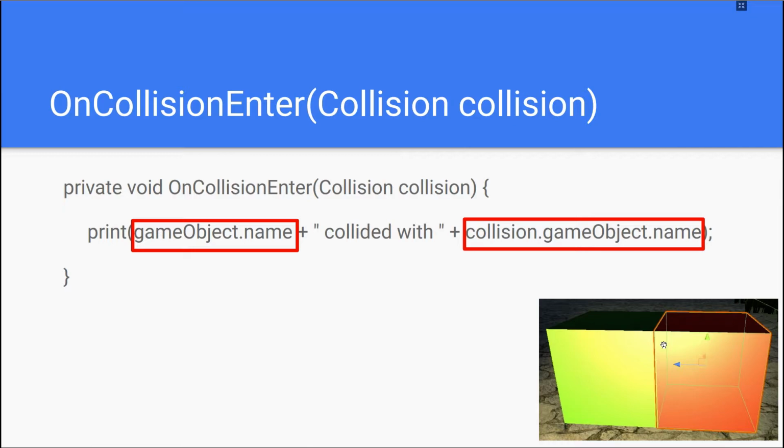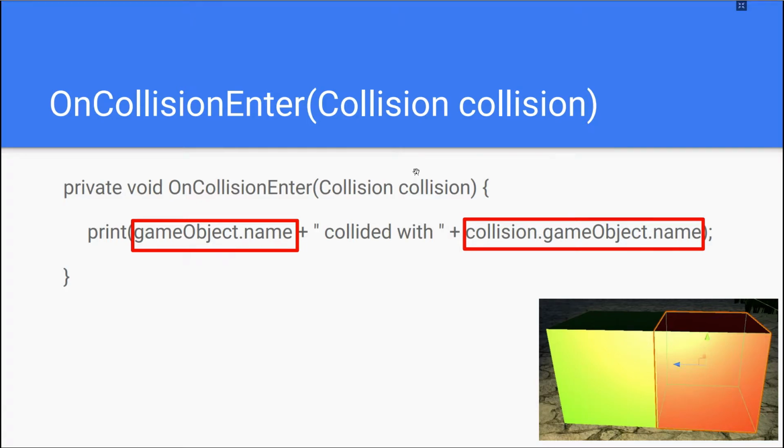The methods I was talking about are OnCollisionEnter for colliders. So if you do not have is trigger checked, you have this method. This method signature receives this parameter and prints this.